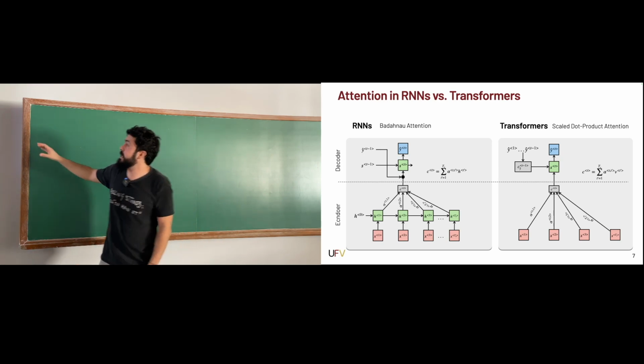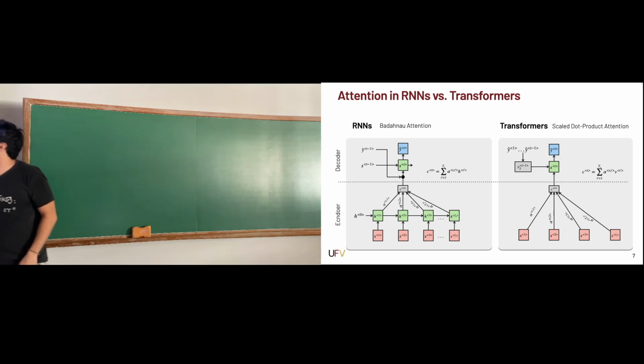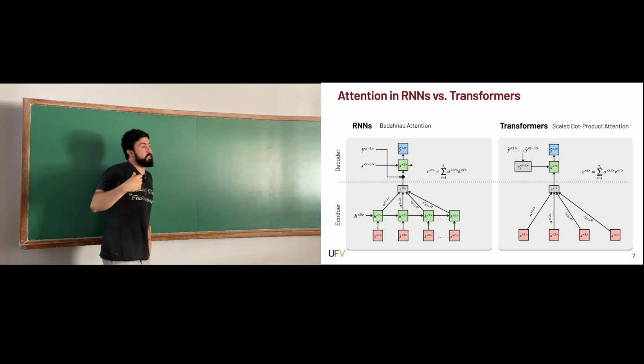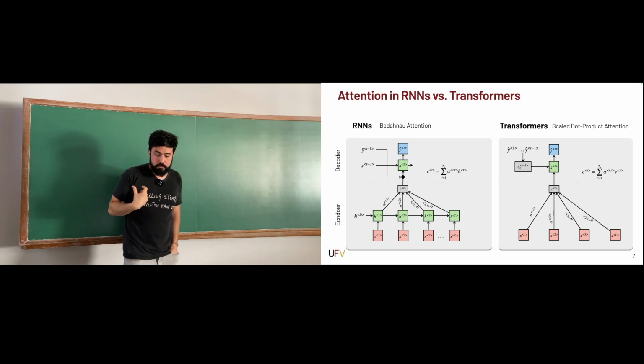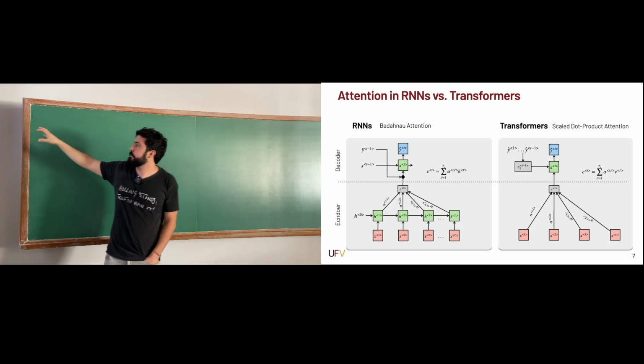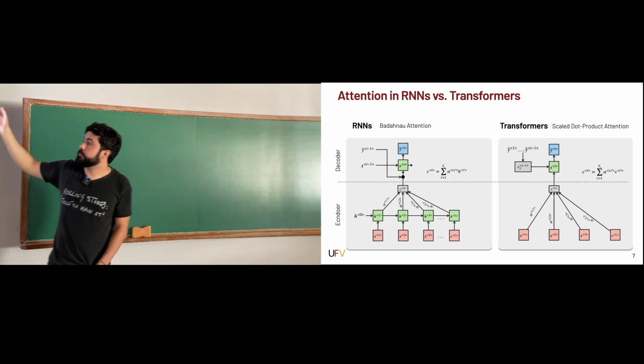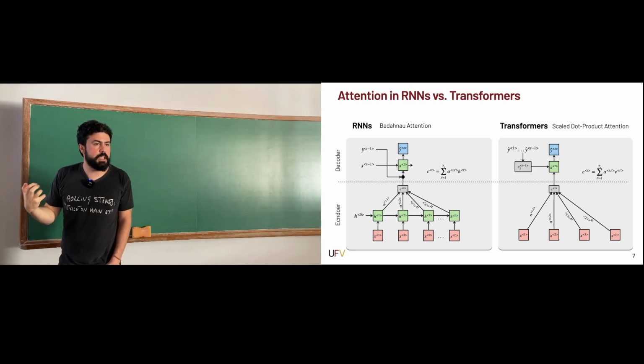But anyways, at the end of the day, we're going to produce a context vector for the input and a context vector for the output so far. But the way we compute the context vector, or the formulation, is the same. It's the weighted sum of the words that we had.